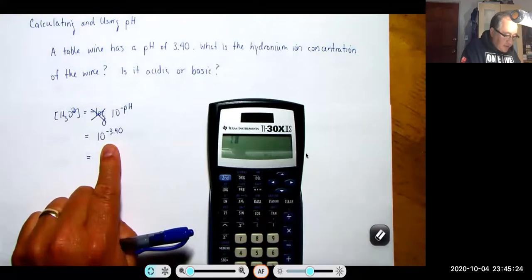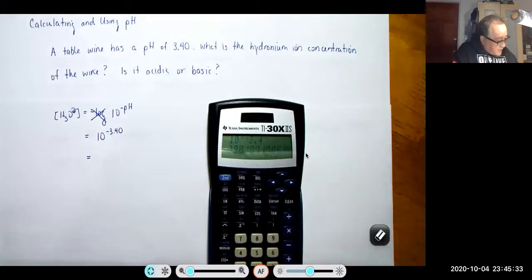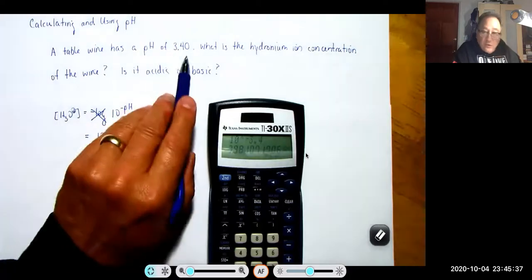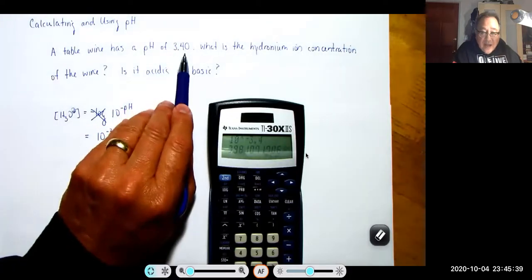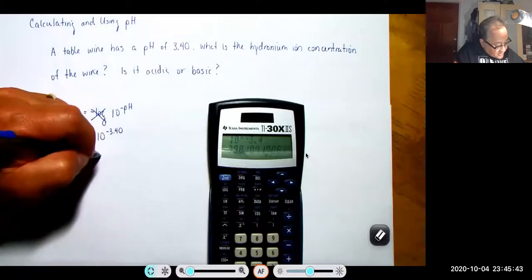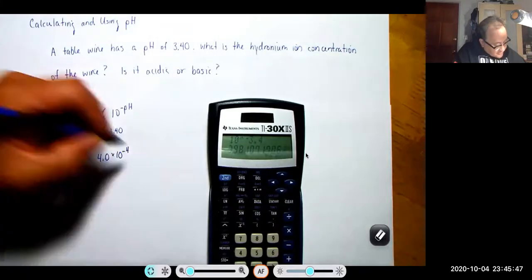So 10 caret negative 3.4, and I get 3.98 times 10 to the minus 4. This has 2 digits after the decimal, so I'm allowed 2 significant figures. So this becomes 4.0 times 10 to the minus 4, and that's molarity.